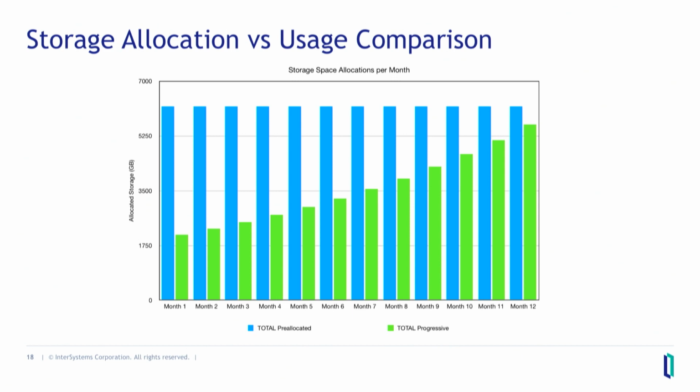Here I have an example of a little over 6 terabytes of disk, assuming maybe a 10 to 12% growth rate. The graph here is showing in blue my total storage allocated in terms of disk space. The green bar is showing what you're actually consuming or using within the virtual machine itself. So you see it's a fair amount of waste of space and cost that goes with it.